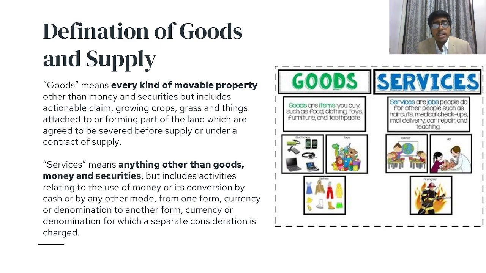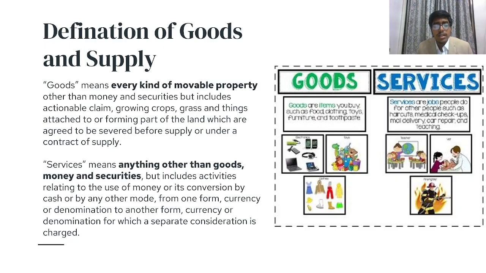Goods means every kind of movable property other than money and securities, but includes actionable claims, growing crops, grass, and things attached to or forming part of the land which are agreed to be severed before supply under a contract of supply.